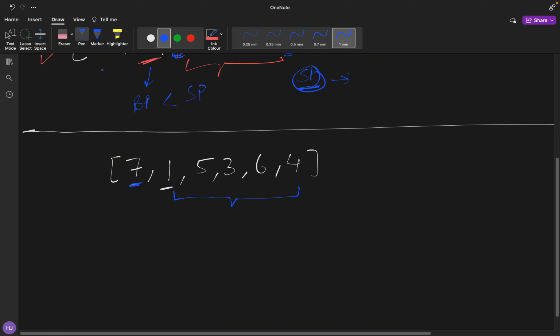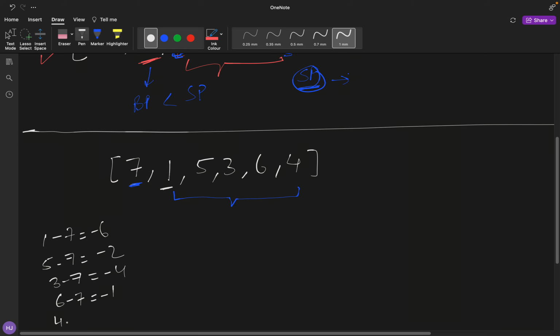So I will simply do 1 minus 7, minus 6, a loss. 5 minus 7, minus 2, a loss. 3 minus 7, minus 4, a loss. 6 minus 7, minus 1, again a loss. 4 minus 7, minus 3, loss.